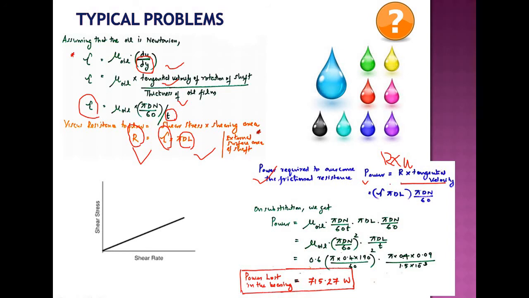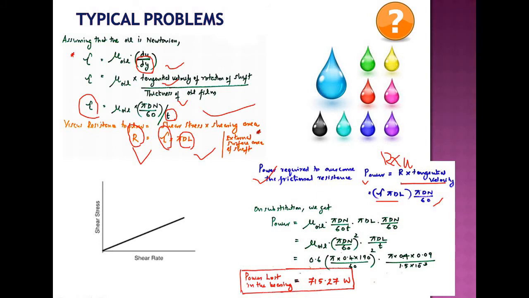So instead of R you can write tau into pi dl. What is the tangential velocity? Pi dn by 60. So instead of tau you substitute from here, that is mu of oil pi dn by 60t into pi dl into pi dn by 60.